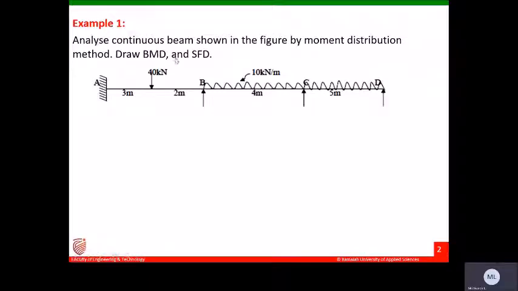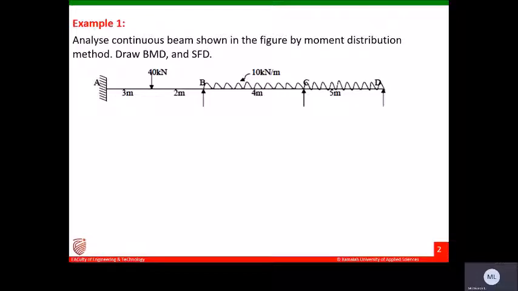Analyze the continuous beam shown in the figure by the moment distribution method. Draw SFD and BMD. So this is the given example. We need to draw the SFD and BMD and analyze the given example by using the moment distribution method.